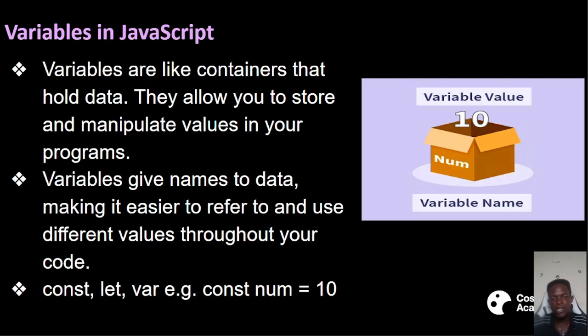You can also say let num equals 10, or var num equals 10. They all mean the same thing. They are all ways of declaring a variable, such that anytime you want to call this number 10 again, instead of calling number 10 every time, you could just say const num, and num automatically becomes 10 anytime you use it in your code.